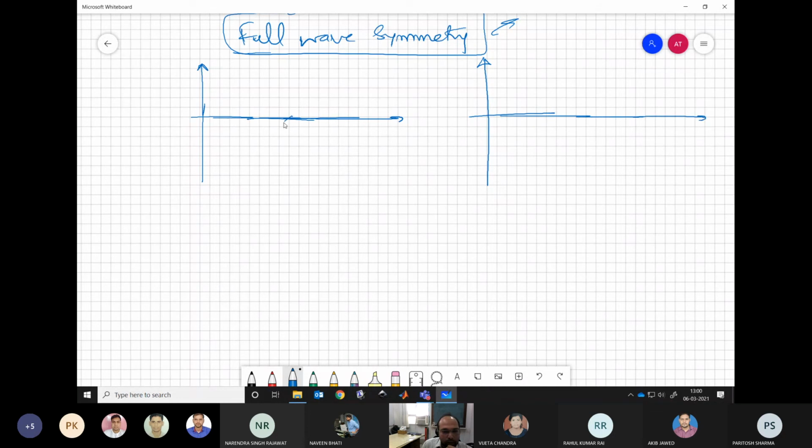One waveform has π here, 2π here, and it is something like α1 to α2, and then here also something similar to that, and the angles are π plus α1 and π plus α2.